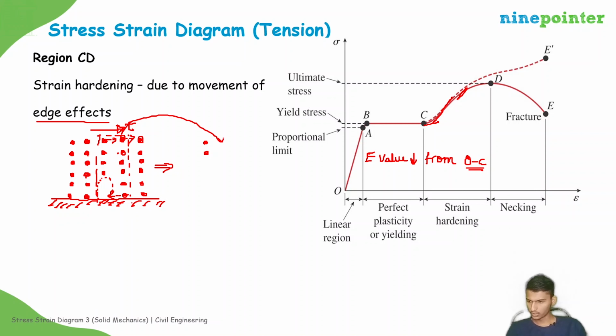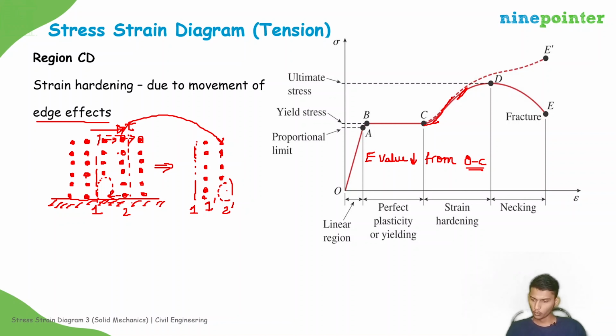Now if you consider the initial position, this is position 1. This is position 2. So position 1 will go to position 2 dash, and new bonds will form at 1 dash, and now position 2 is here, right?